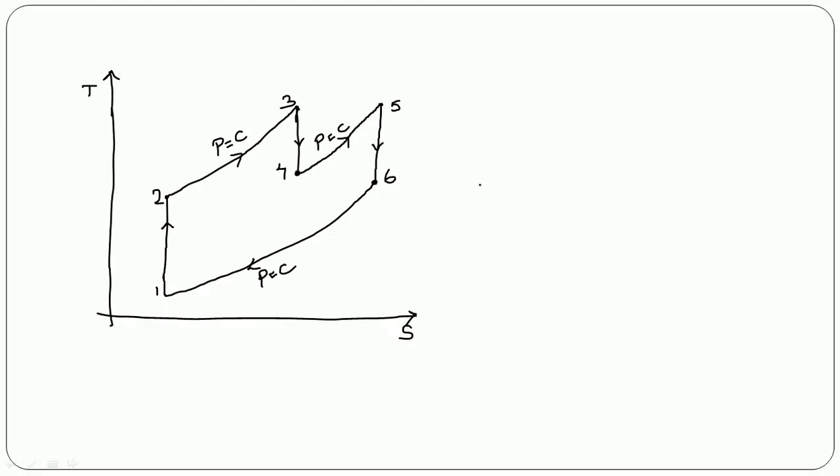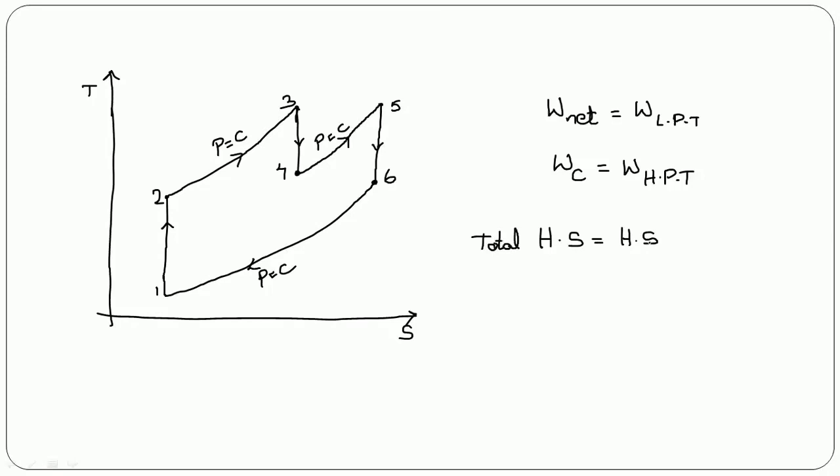Now here try to understand carefully. The net work output is equal to work developed by the low pressure turbine, and work input to the compressor is equal to work developed by the high pressure turbine. Here heat supplied will be in the combustion chamber. The total heat supplied will be heat supplied in the combustion chamber as well as heat supplied in the reheater.